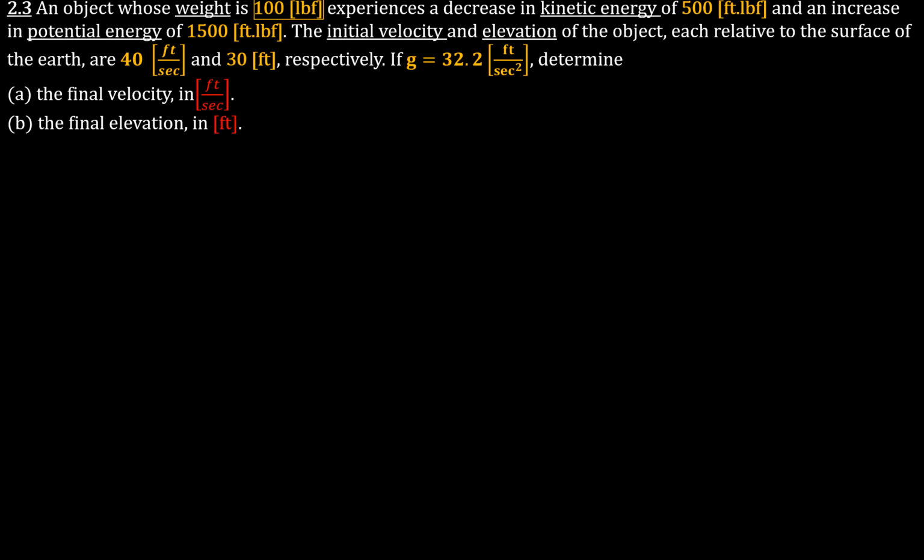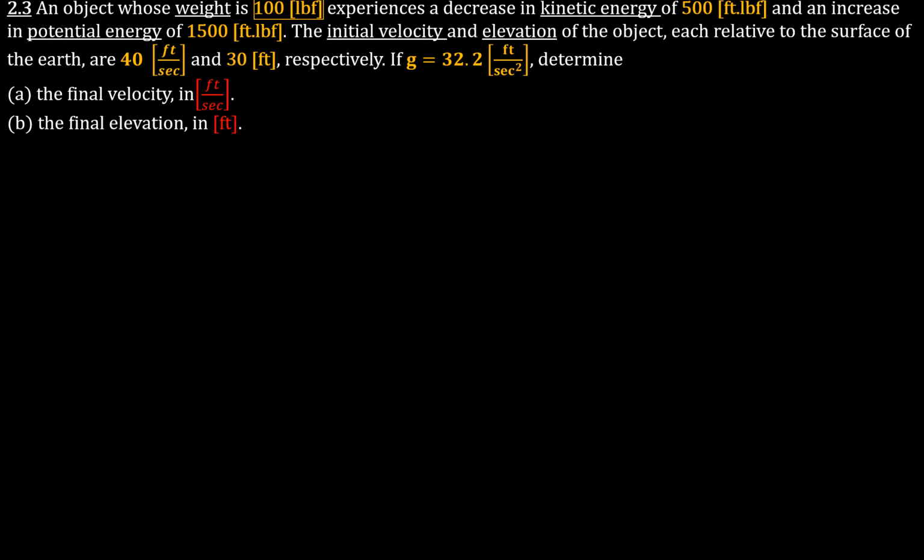The initial velocity and elevation of the object, each relative to the surface of the earth, are 40 feet per second and 30 feet respectively. If the gravity constant is given as 32.2 feet per second squared, determine the final velocity in feet per second and the final elevation in feet.